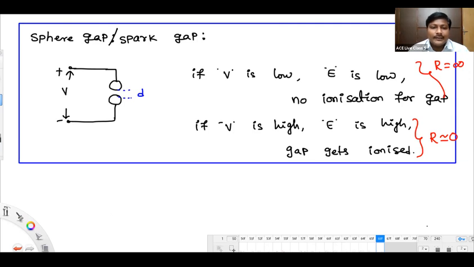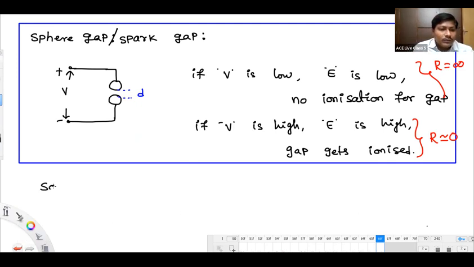Simply, whatever sphere gap we discussed now, you connect across the series capacitor. This sphere gap you have to connect across the series capacitor.